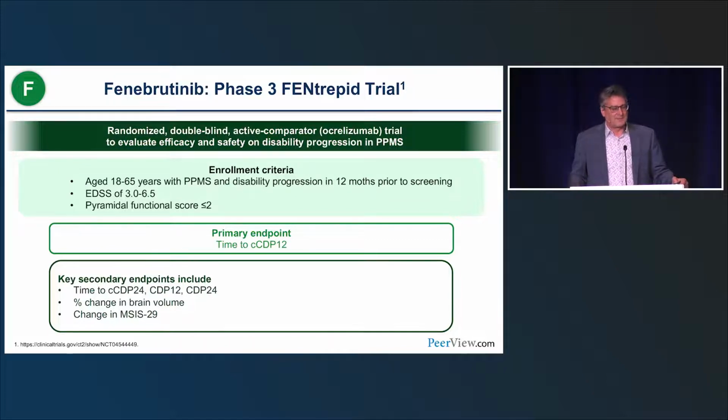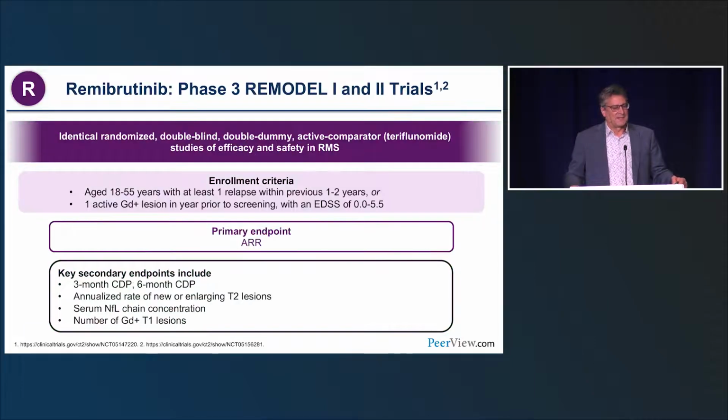And then this is that really interesting head-to-head with ocrelizumab versus fenebrutinib, which I think we're all going to be interested to see. And remibrutinib, which is a new one for me to learn about, relapse-remitting study compared to teriflunomide. So very similar design. I just wanted to give you quickly some of the details, but not going into them in too much detail.